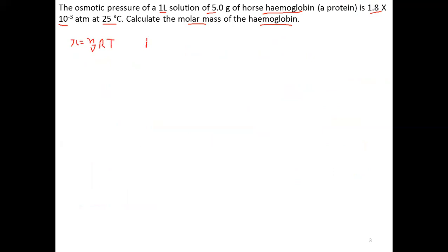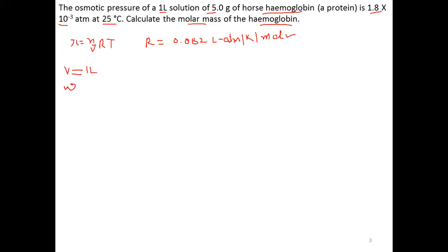Again, I will write the value of R. R is equal to 0.082 liter atmosphere per Kelvin per mole. So this is the value of R. Now let us see what is given. We are given volume of solution. V is 1 liter. So no need to change. It is already given in liter.